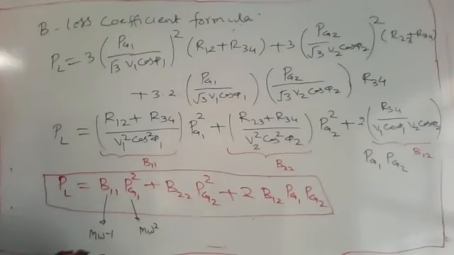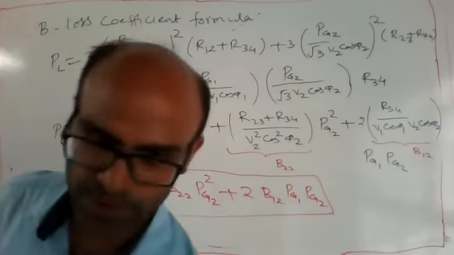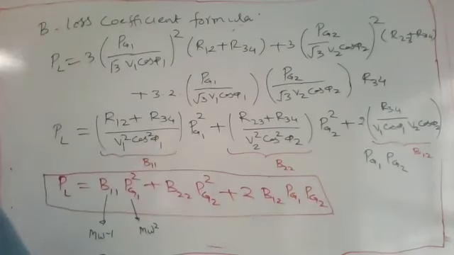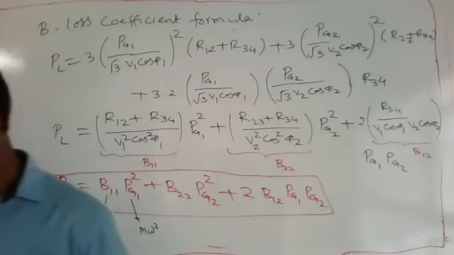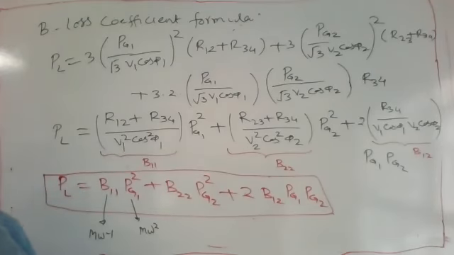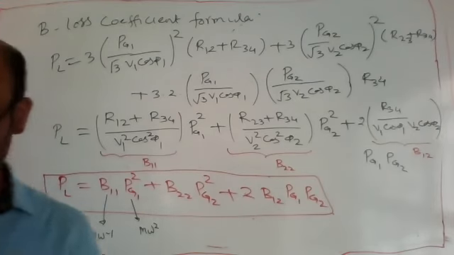Sometimes they will ask what is the unit of the loss coefficient formula: megawatt inverse. So you have to remember this formula, and for different kinds of structure you can derive it in the same fashion. This is all about the economic dispatch formula.